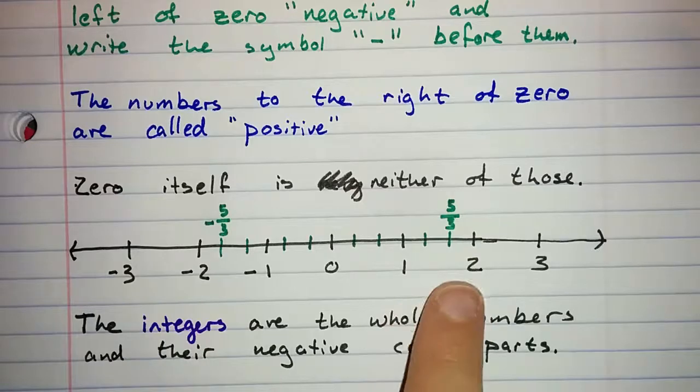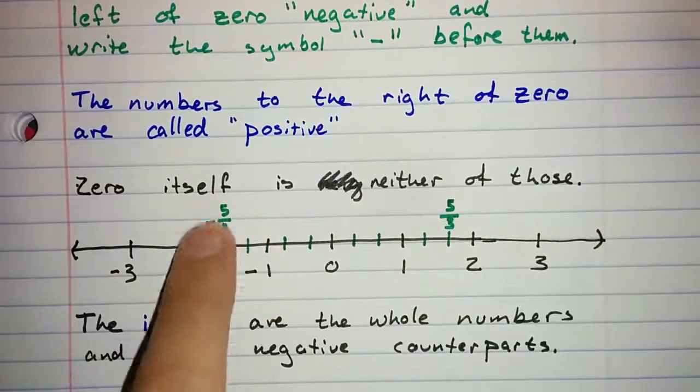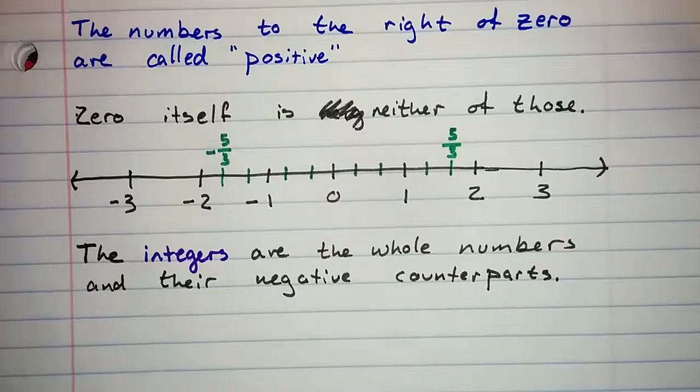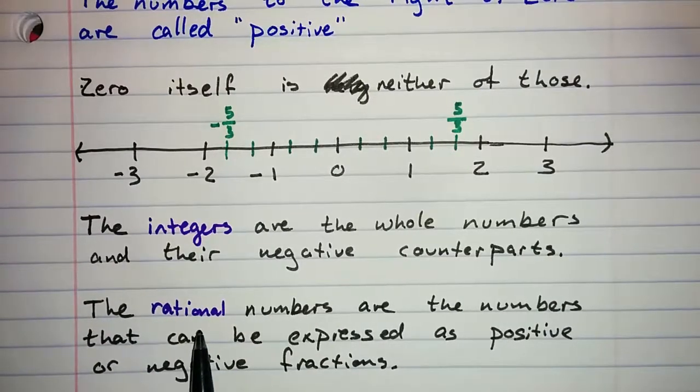Collectively, then, the numbers that can be expressed as positive fractions or negative fractions also have a name. These are called the rational numbers. Now, this isn't rational as in it makes sense. It's rational as in ratio. They're the numbers that can be expressed with a ratio.